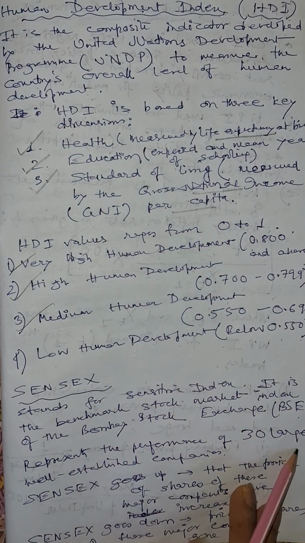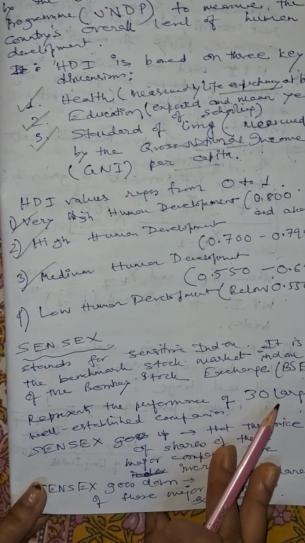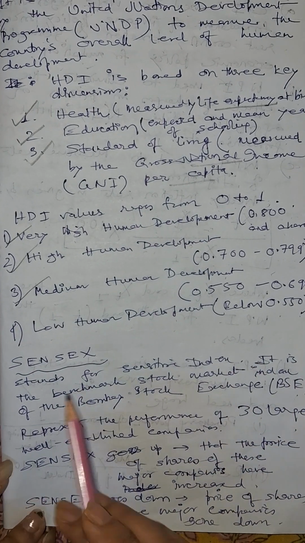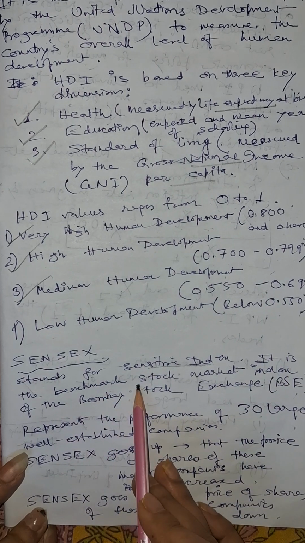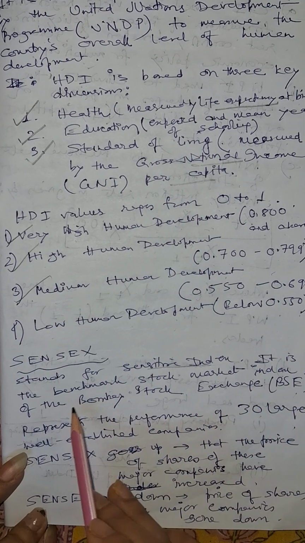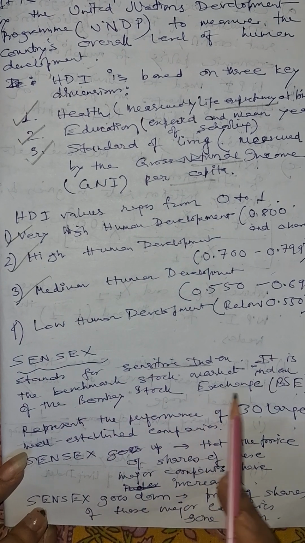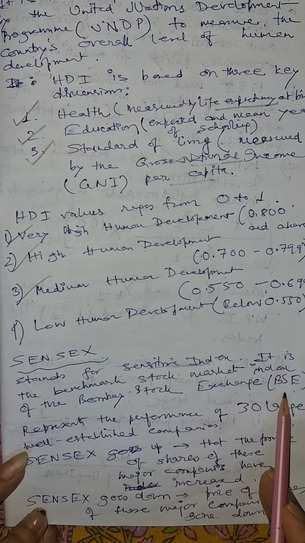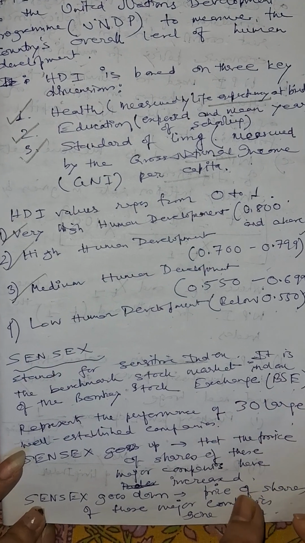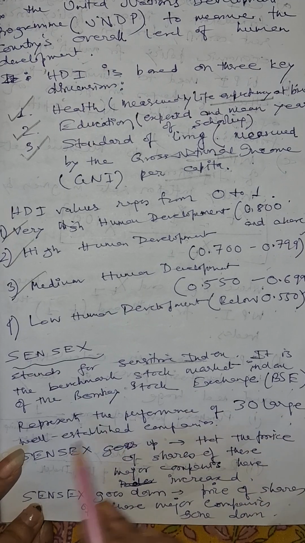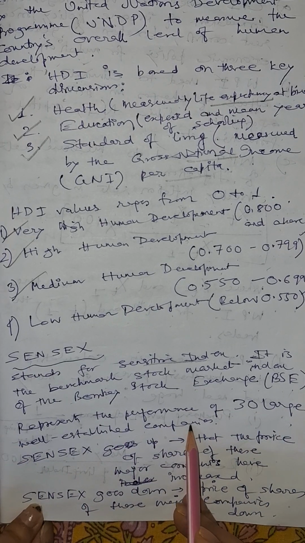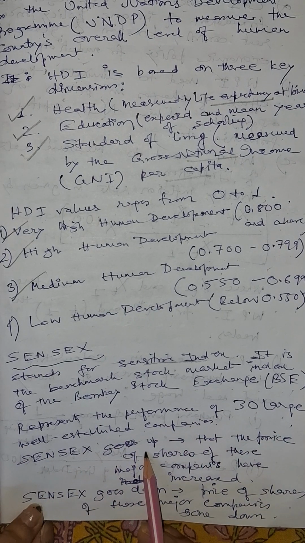Now we come to the Sensex part. So what is Sensex? It stands for sensitive index. It is the benchmark stock market index of the Bombay Stock Exchange, or BSE. It represents the performance of 30 large, well-established companies. So if the Sensex goes up, what does that mean?